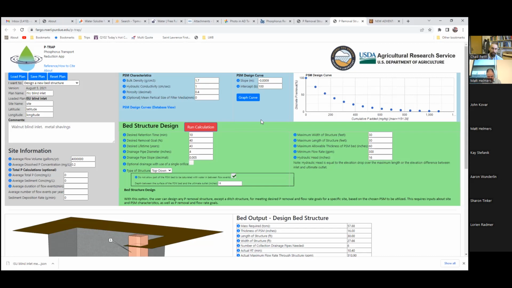Well, that one's going to have to be pretty big, several hundred tons of media. And is it worth it to them? Yeah, they want to do it, and they're probably going to build it. So it just depends. This is what I tell people: build them as large as you can that is feasibly and economically possible, because they'll just remove more P and last longer.